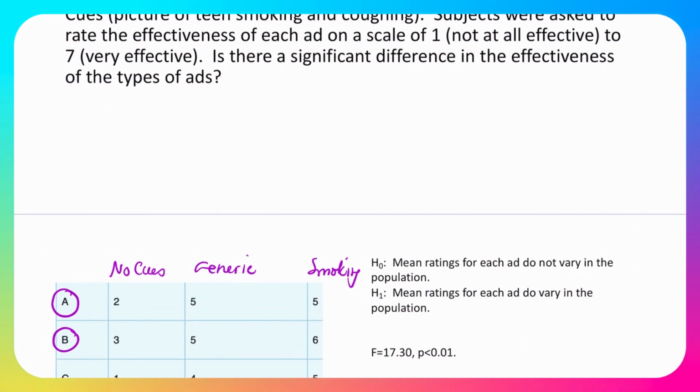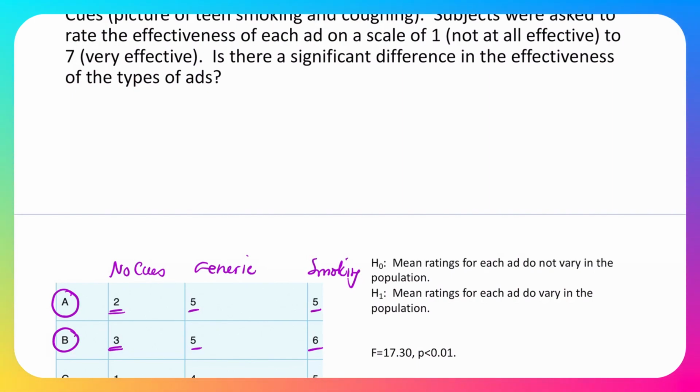So for example, teen A rated no cues very low, but the other 2 were rated more the same and also higher on the scale. Teen B rated no cues the lowest, also rated these two similarly, but had smoking as the most effective.